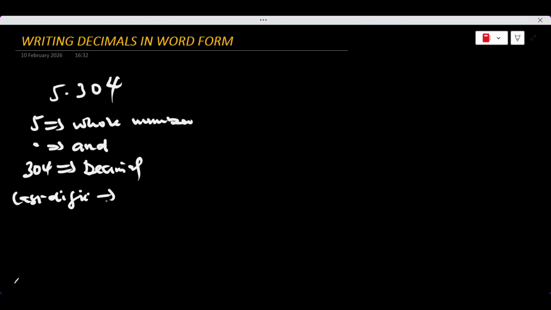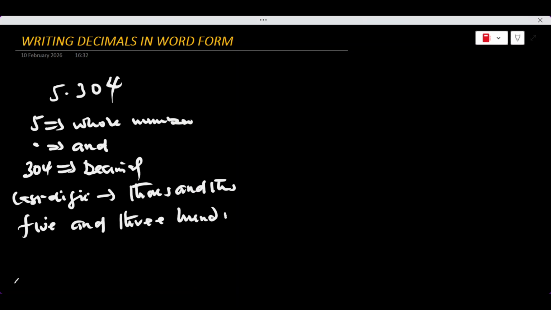What is the place value of the last digit? It's at the thousands position. All right, so this will be written as 5 and 304 thousandths. As simple as that. I hope that is clear.